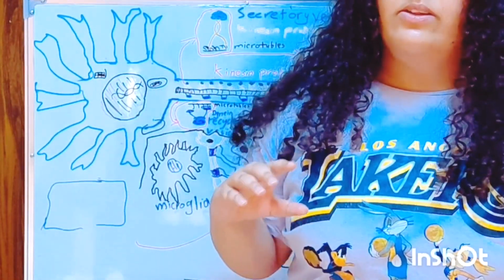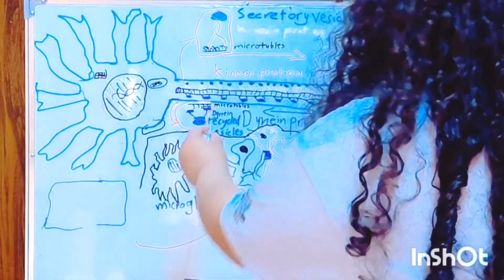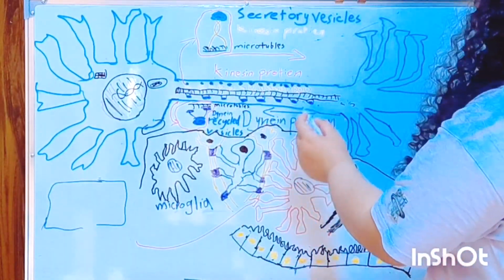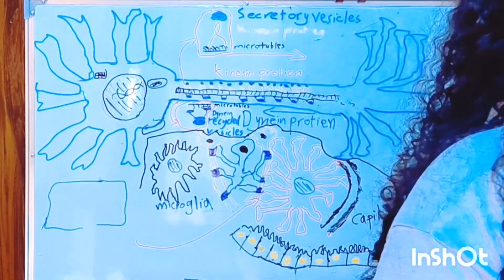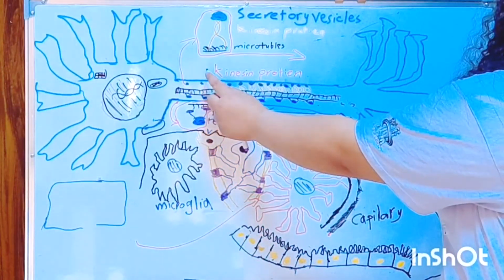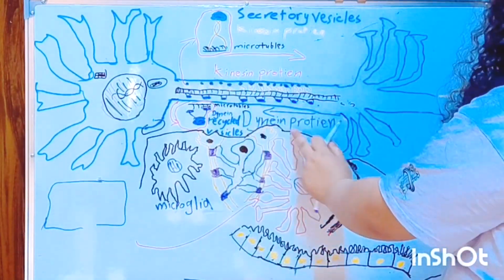The axon's main function is represented by the electrical signals that move from one part of the axon to the other. So the axon includes two kinds of proteins, the kinesin and the dynein.